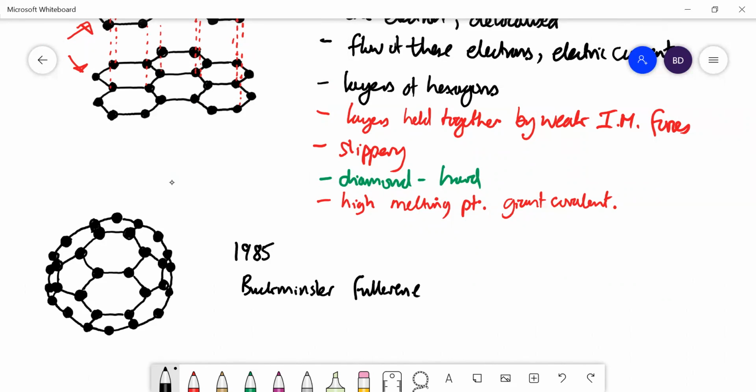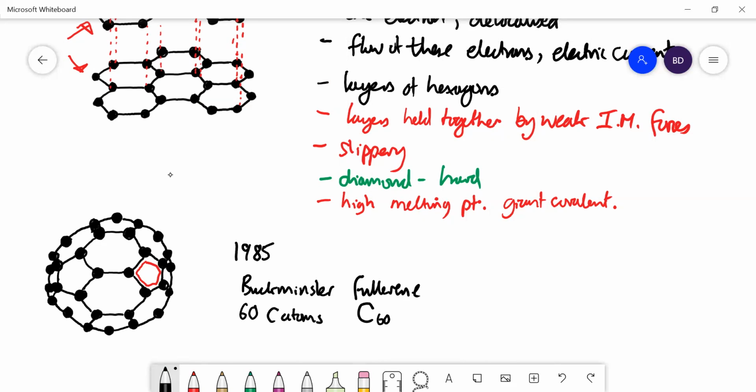But if you look here, you've got hexagons, but that is not a hexagon, that's a pentagon. So you have a mixture of pentagons and hexagons stitched together, and that forms this curved structure. And there are 60 carbon atoms in this one, so it's sometimes called, see the formula written down, C60.